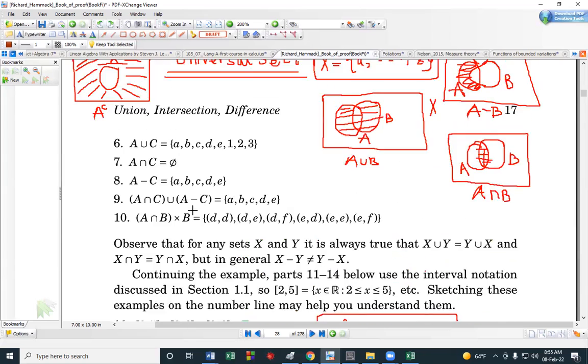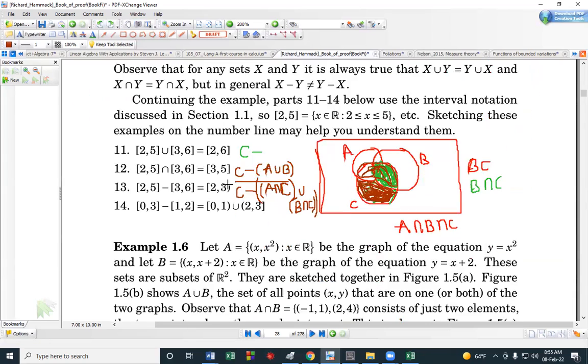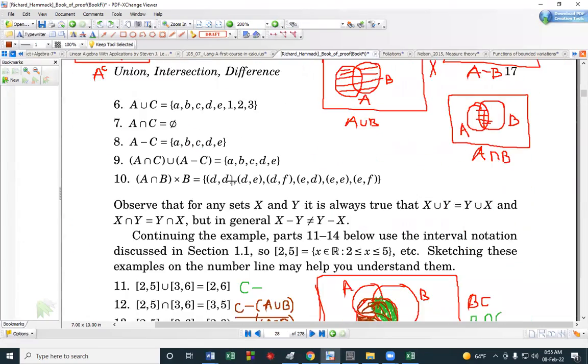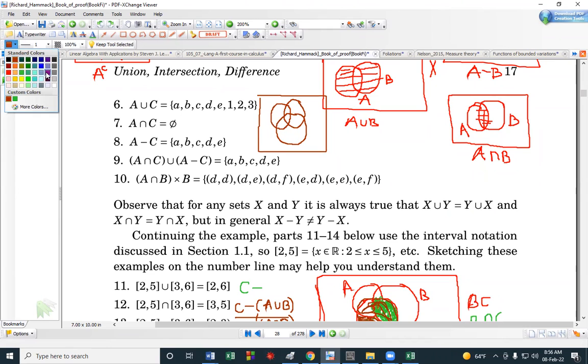Well, let me draw another picture. Let's call them A, B, C again.